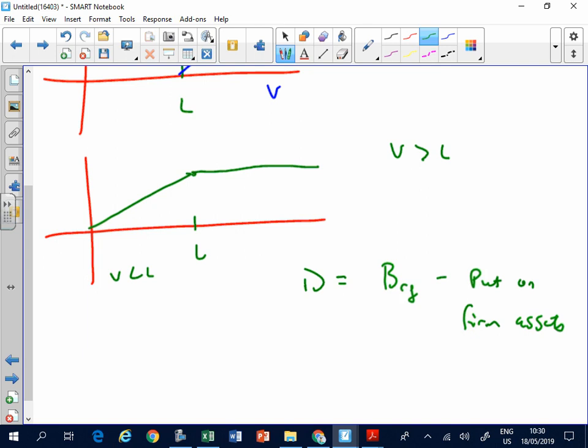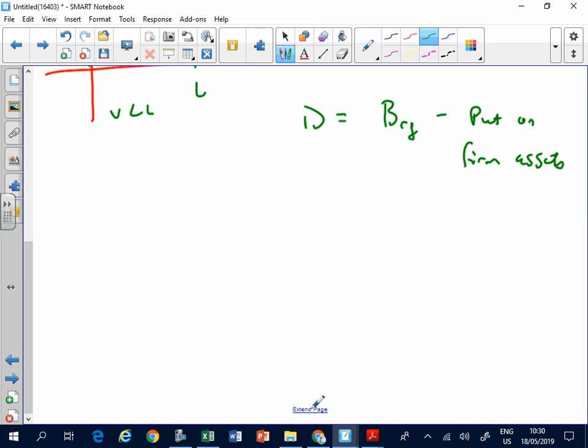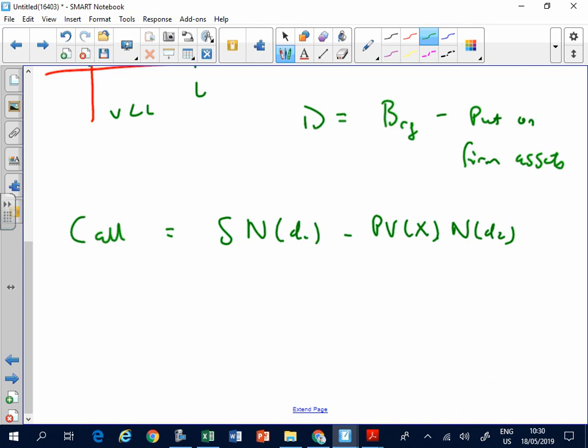I'm going to write down a formula, and tell me what the terms mean. For a call option in Black-Scholes, take S, the underlying: there's the N(d1) term, minus the present value of the strike times the N(d2) term. S is the stock price, the underlying. N(d1) is the delta of the call option.